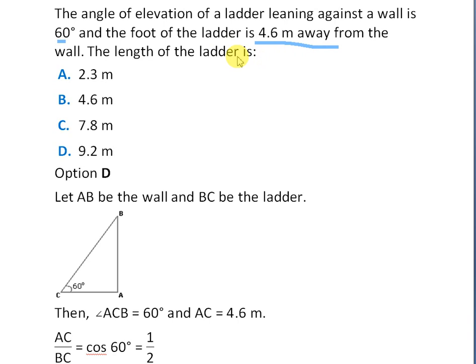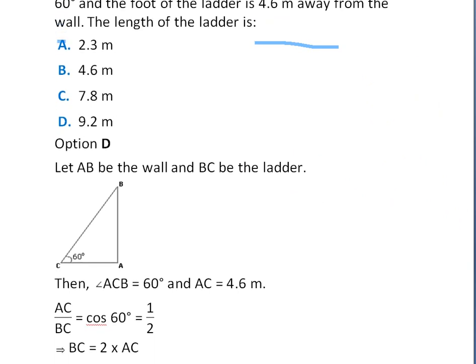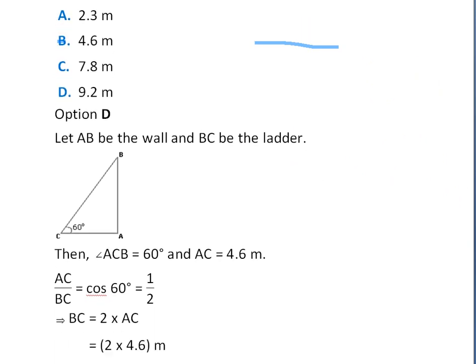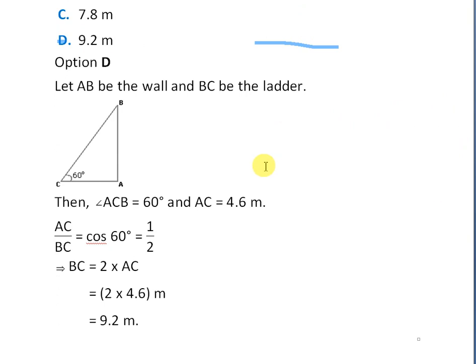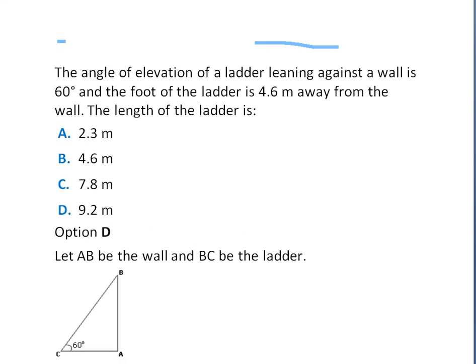Now let's see how. Let AB be the wall and BC be the ladder. The angle of elevation is already given in the question, which is 60 degrees, and AC is also given as 4.6 meter, since the foot of the ladder is 4.6 meter.